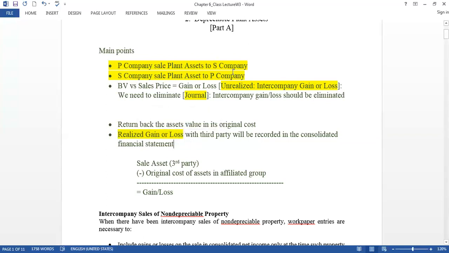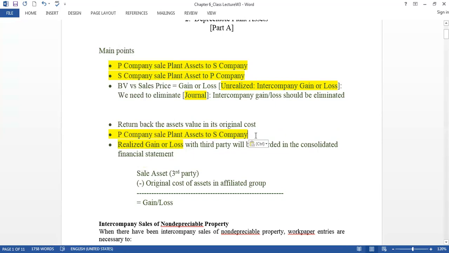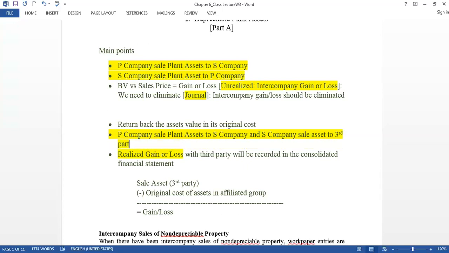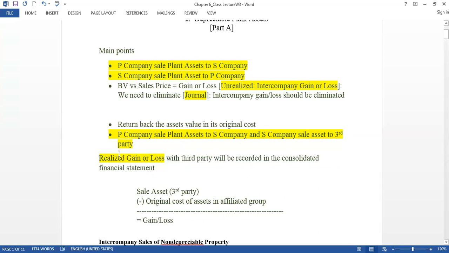For example, the parent company sells an asset to a subsidiary, and the subsidiary S company sells the asset to a third party. What is the meaning of third party? That means they are not within the affiliated group. They are an outsider party.